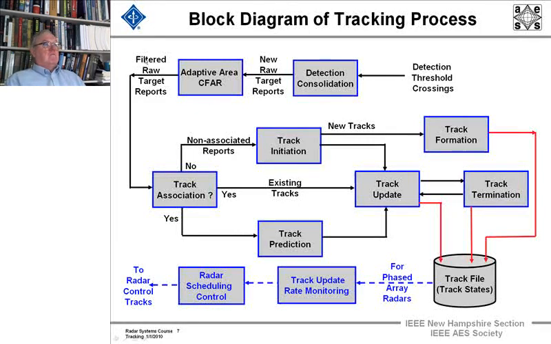So we take these now filtered raw target reports, and then we send them into a function which is called track association. The first thing you want to do is say, is this part of a track we've already got? You see down here we've got a track file.